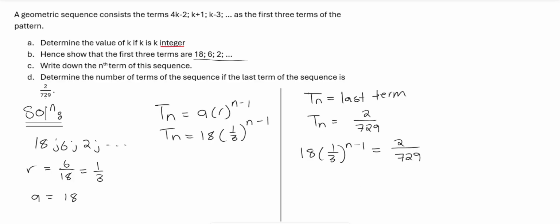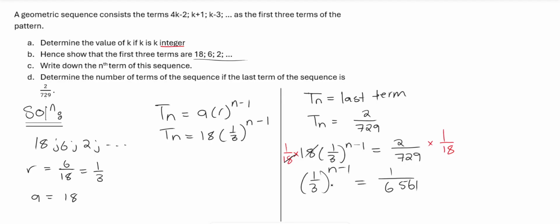And that's going to be equal to 2 over 729. So if we just apply mathematics here, in order to cancel this 18, we can multiply by 1 over 18 on both sides, since what you do on the left, you also do on the right, guys. On this side we're left with 1 over 3 to the exponent of n minus 1, equal to 1 over 6,561.